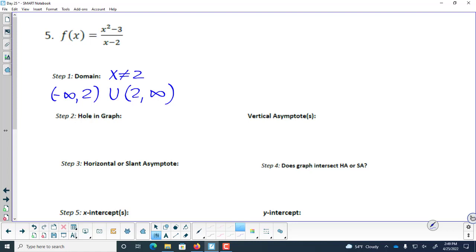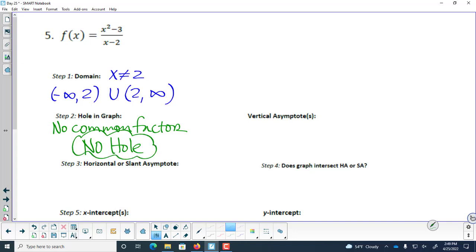So it's not factorable, which means there is no common factor, which means there is no hole in the graph, because holes occur at common factors. So at x equals 2, I have a vertical asymptote, x equals 2. Whatever makes the denominator 0, when it's simplified with no common factor, results in a vertical asymptote.